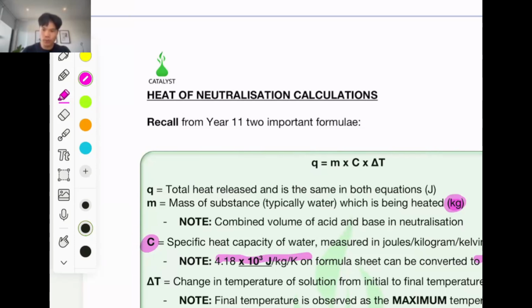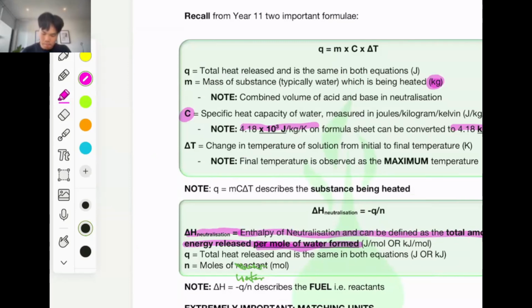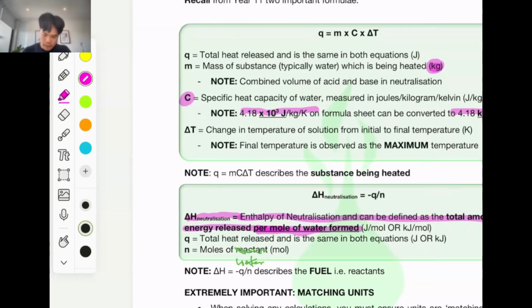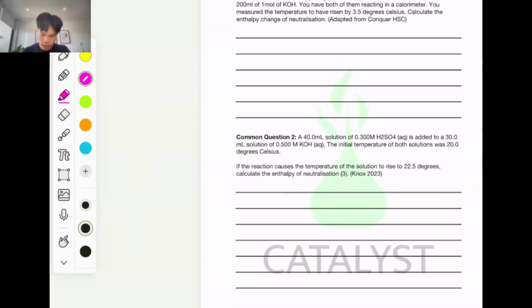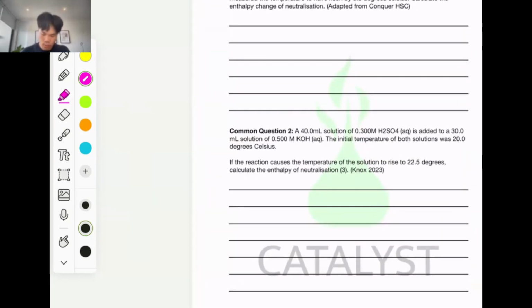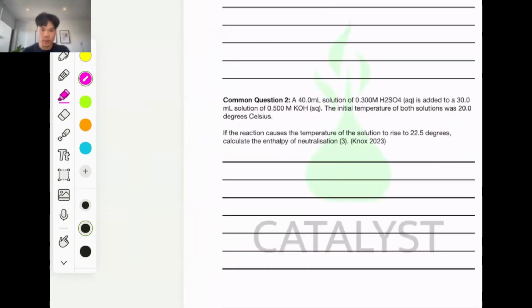The golden rule is you match your constants' units. And if you do that all the time, you will not have conversion mistakes. So 2 examples here. I won't go through them, but if you want to have a go at some neutralization calculations, there's 2 here.